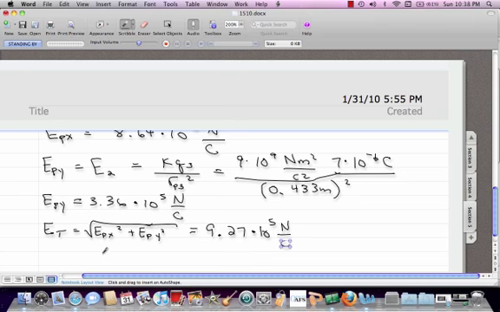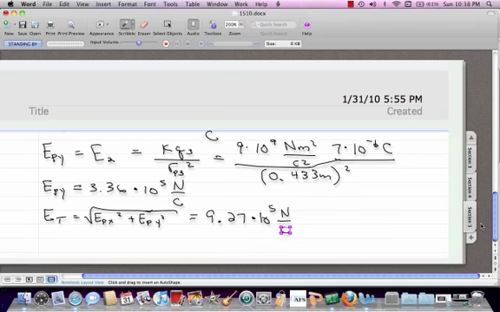And to find the angle, theta is equal to tan inverse of EPY over EPX. And so I find that theta then is equal to 21 degrees.